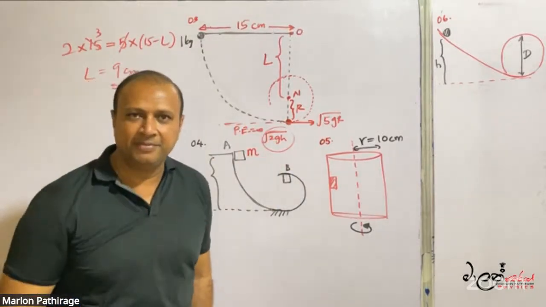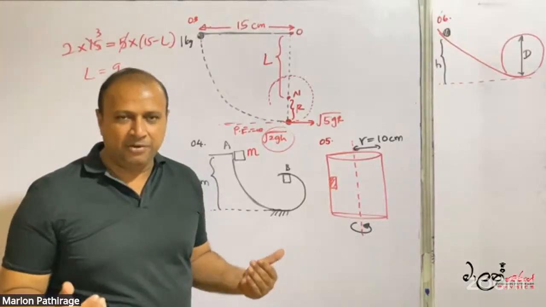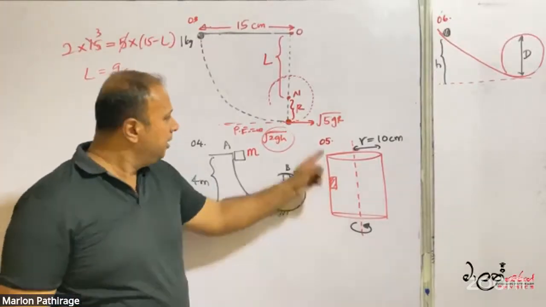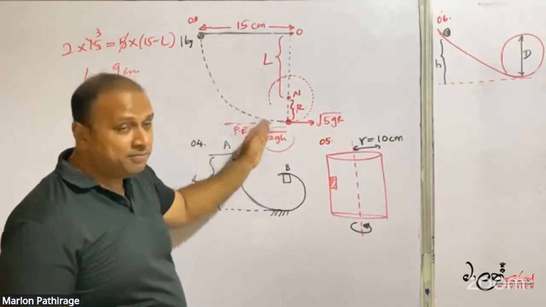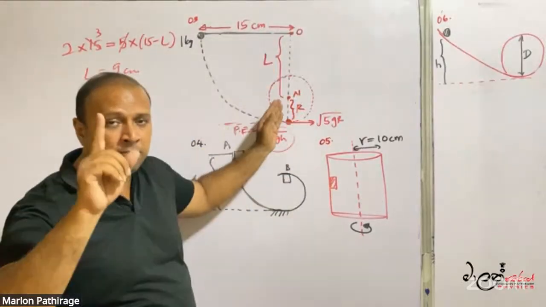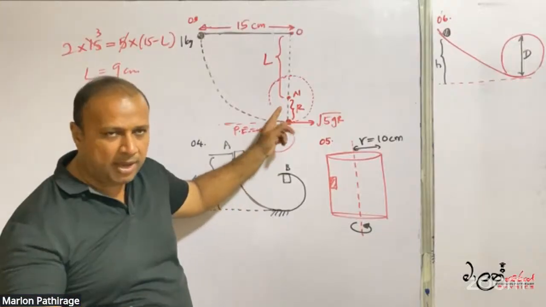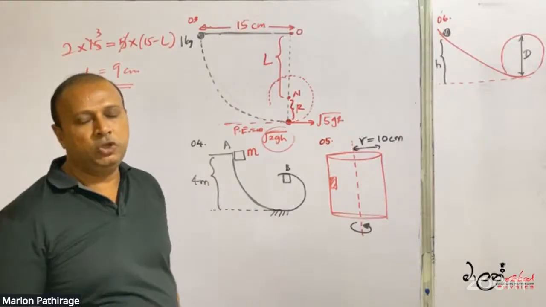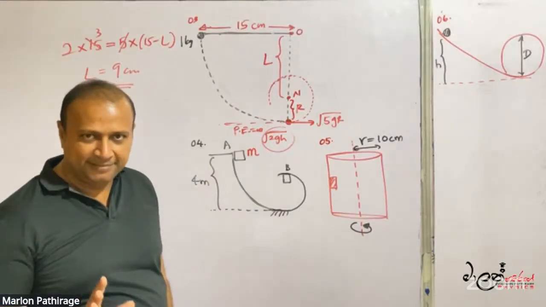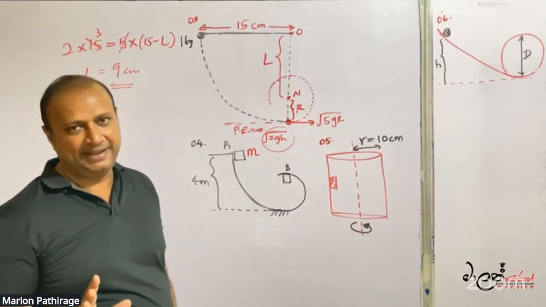Is that okay? We have done that in our last session. To complete a full circle, the minimum speed required at the bottommost position is square root of 5gr. Do you remember that?